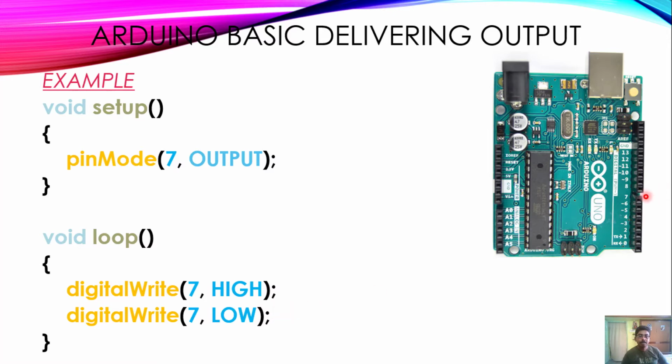If you connect an LED to the 7th pin, then when digitalWrite(7, HIGH) is executed, the LED connected to the 7th pin will glow or turn on. If digitalWrite(7, LOW) is executed, then the LED connected to the 7th pin of the Arduino will be low or off.